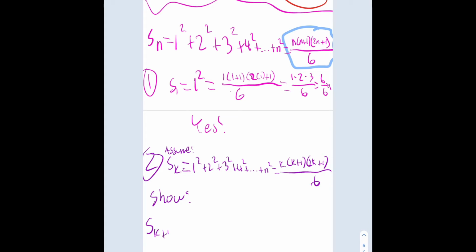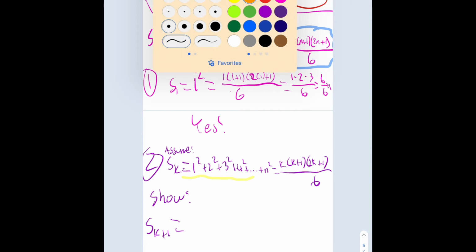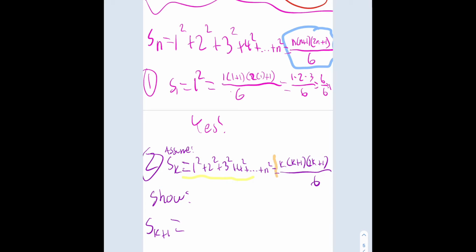So now we're going to show that the next term, k plus 1, works. All of these first parts are going to be repeated. The only part that's really going to change is the part at the end, where we have n squared, or, yep, I did it there too.